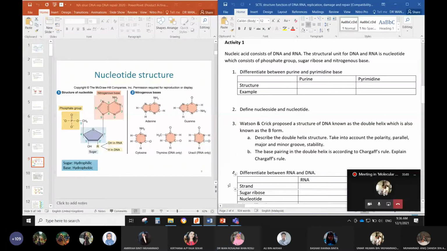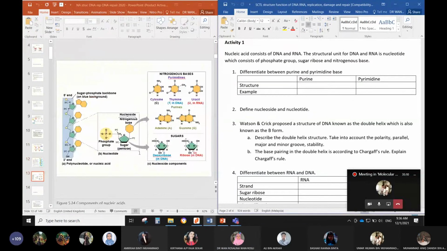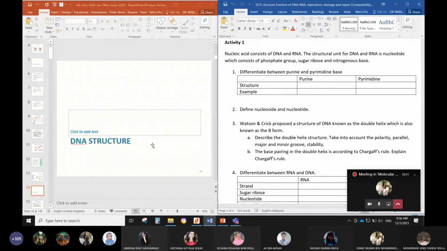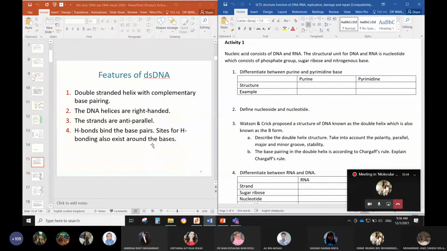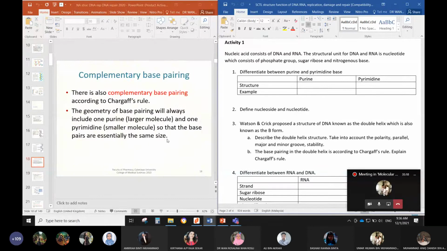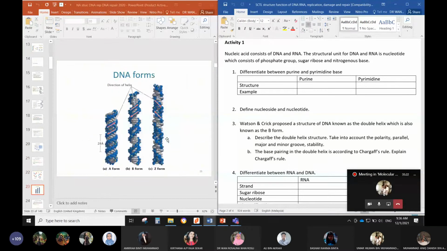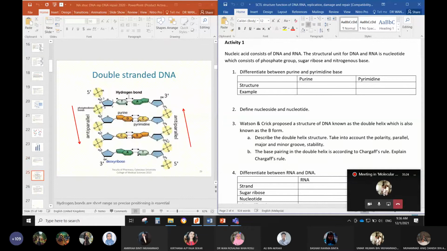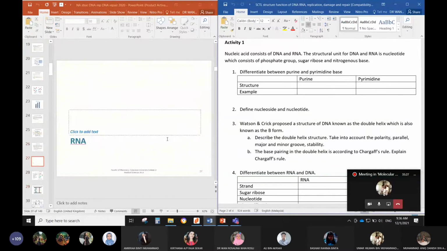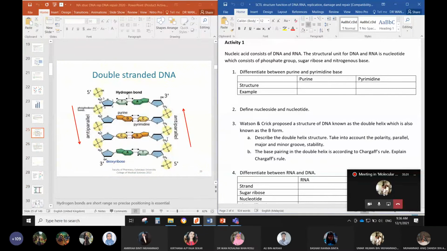So the double helix structure is a double-stranded alpha helical structure with two strands that are connected by hydrogen bonds. Both of the helical structures are going anti-parallel, meaning one of the strands is going from 3' to 5' and the other is the opposite.